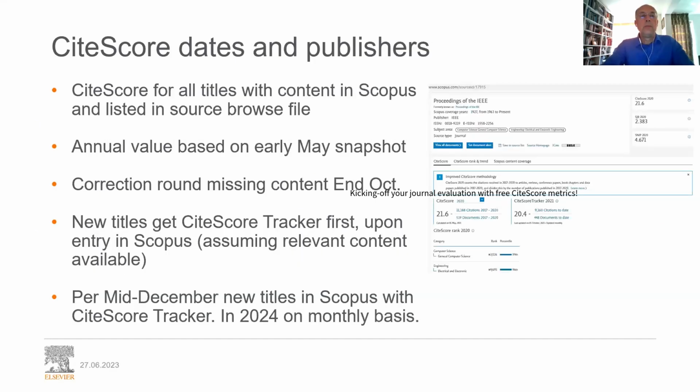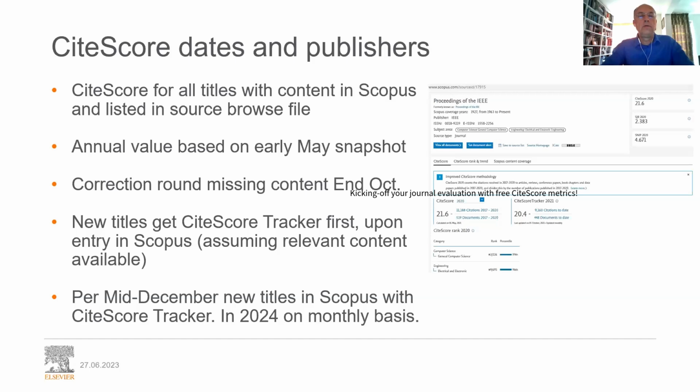Some important dates, and they may be important for publishers, but I think also for librarians and researchers. As I mentioned, CiteScore is available for all active titles with content in Scopus and listed in the so-called source browse file, which is something that I use as the basis of my calculations.